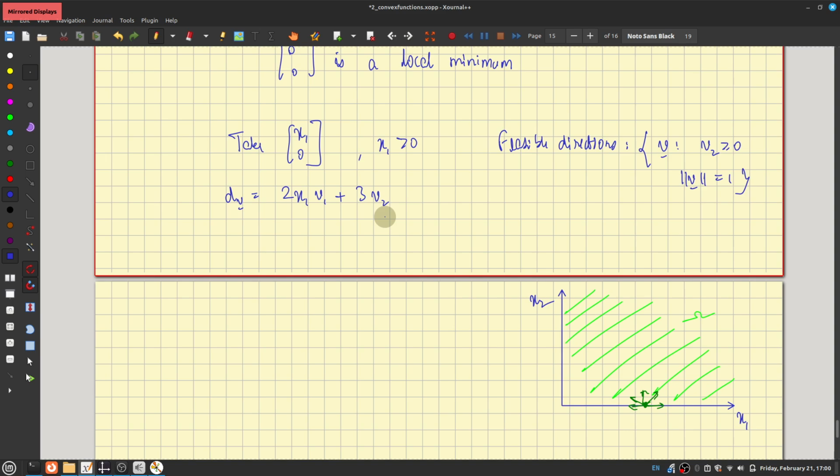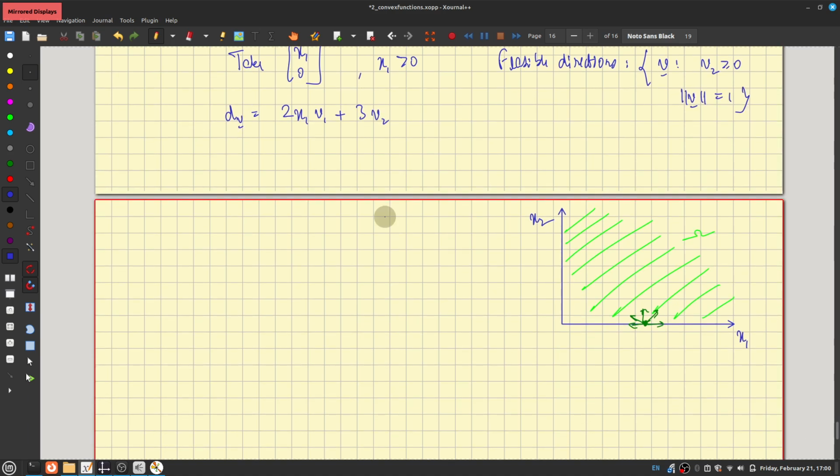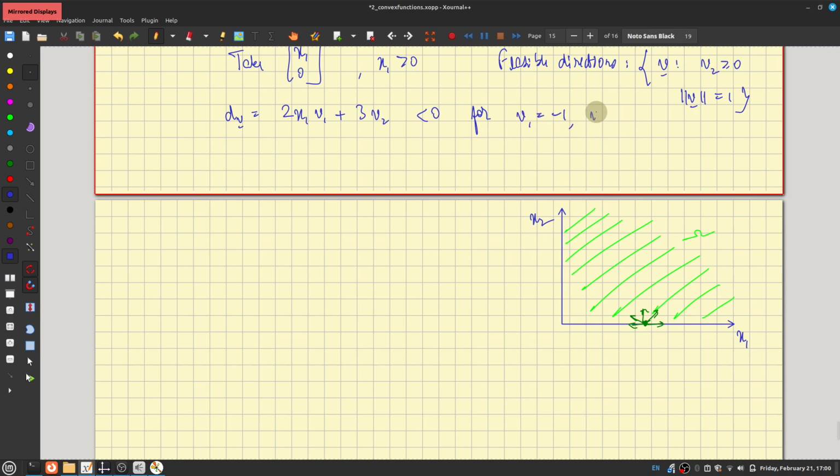So is there a choice that makes dv less than 0? Yeah, basically, let's take v1 to be minus 1, v2 to be equal to 0. Which basically corresponds to this direction here.